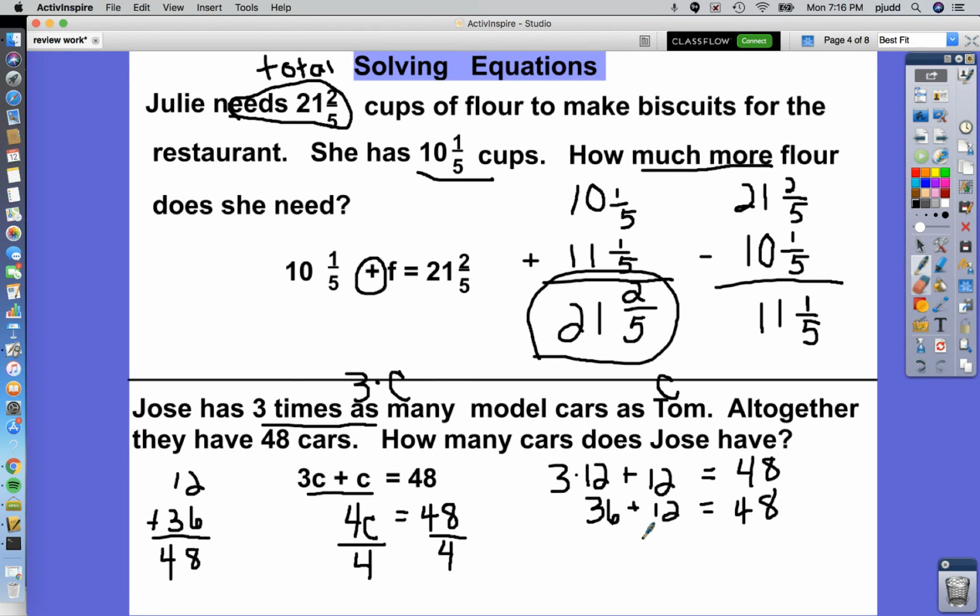Well, 36 plus 12, 48 equals 48. And my equation is correct. Nice job.